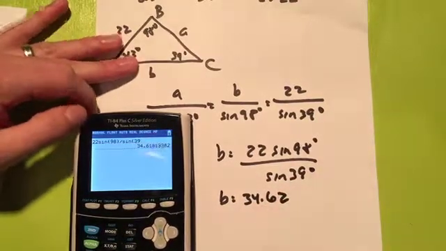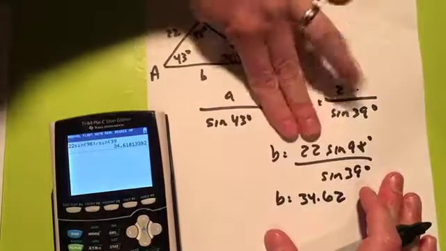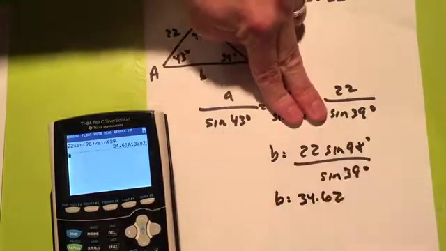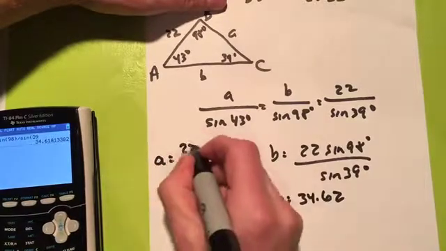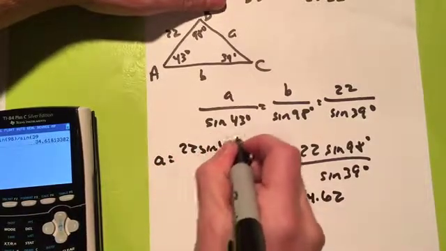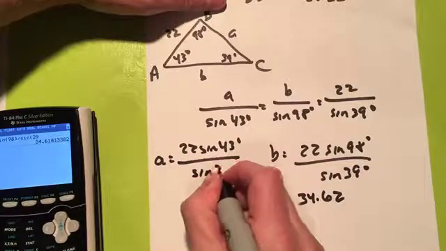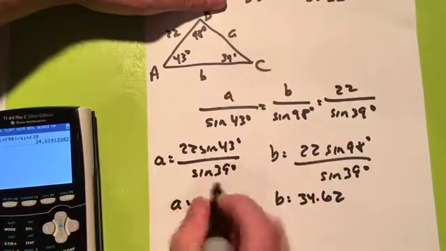That's 34.62. And we'll solve for A. I'll take the other two statements. We have A equals 22 sine 43 degrees over sine of 39 degrees.